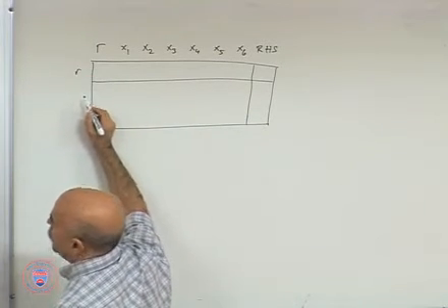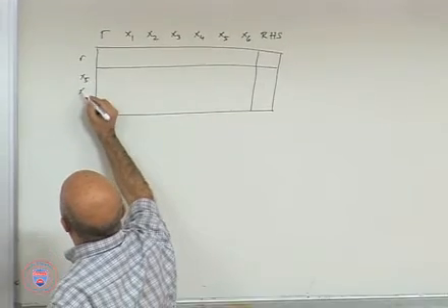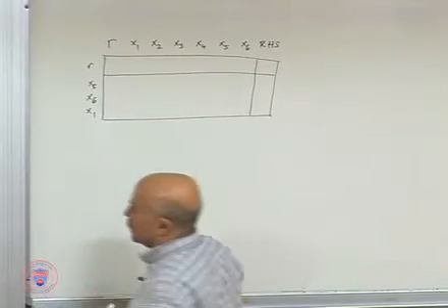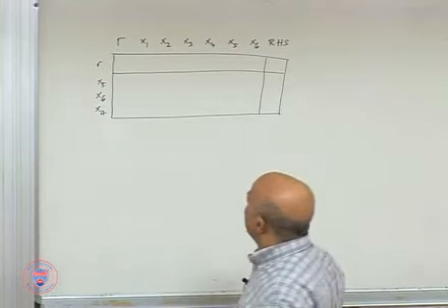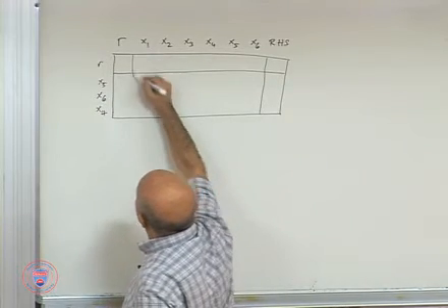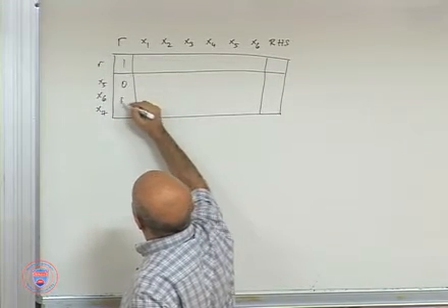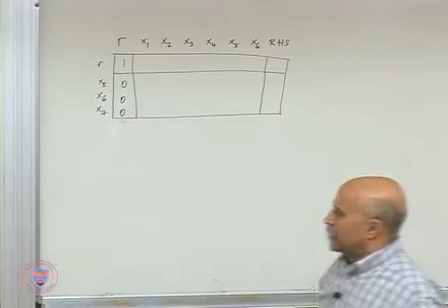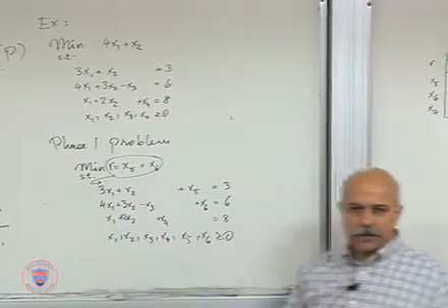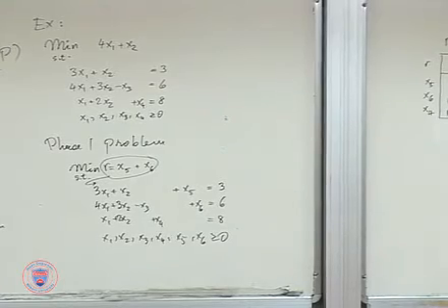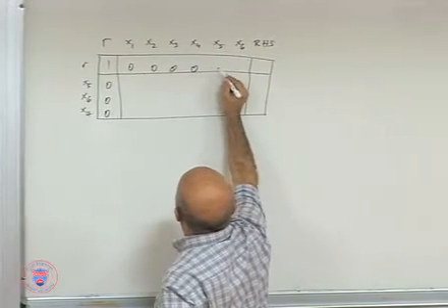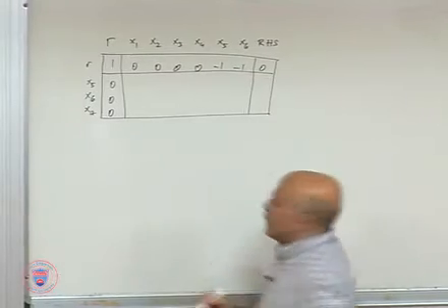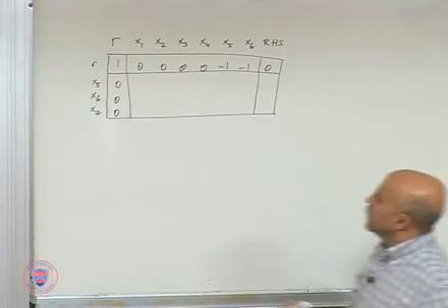With initial basic variables x5, x6, and x1. Not x1, but x4. All right, so the coefficients are, you're just taking this again as a row 0 here with R minus x5 minus x6 equal to 0.